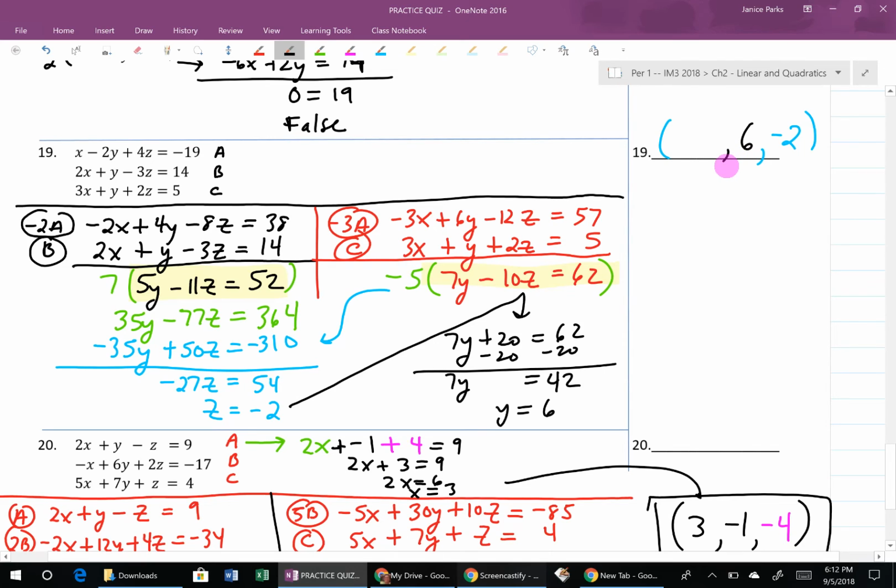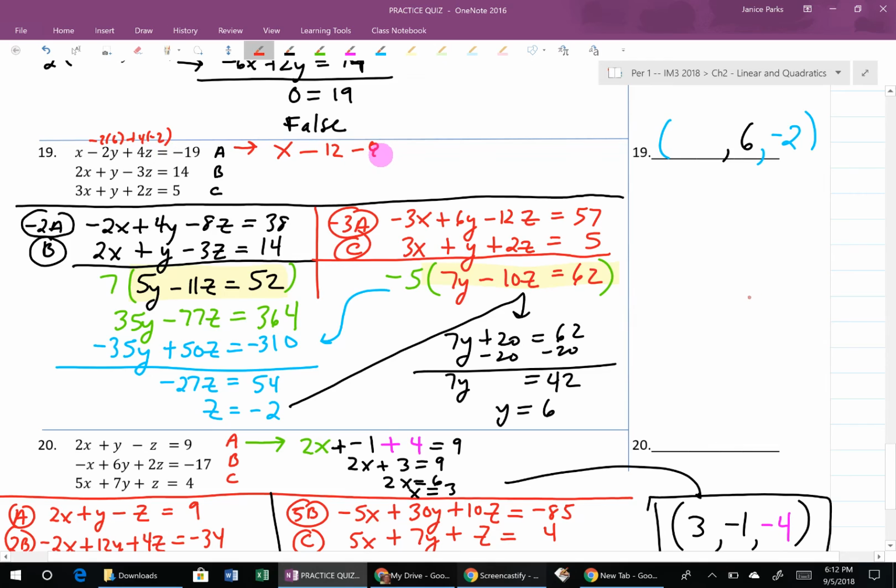Once you have the z and the y variable, you can go back to the top to get the x variable. So I'm going to pick the top equation, the very top one. So I get x, and then it's minus 2y. So it's minus 2 times 6. So that gives me minus 12. And then 4 times z, since z is negative 2, then it's 4 times negative 2.